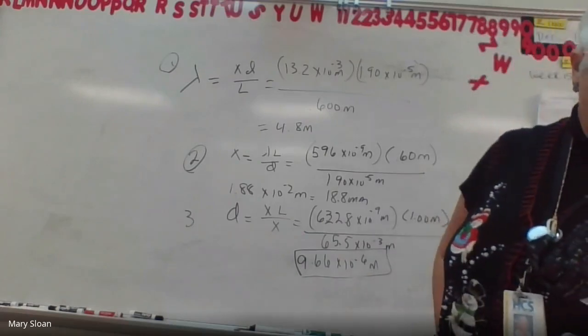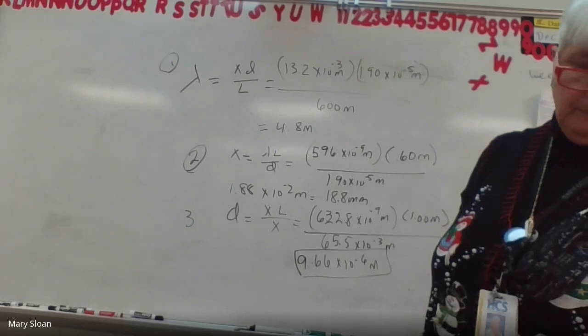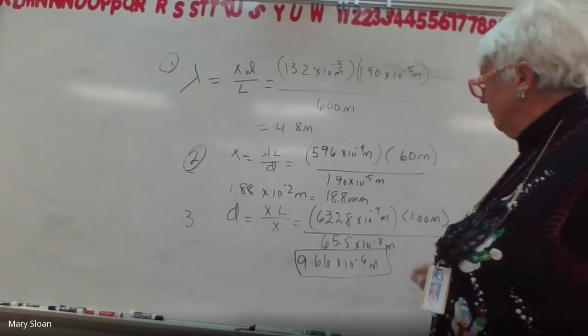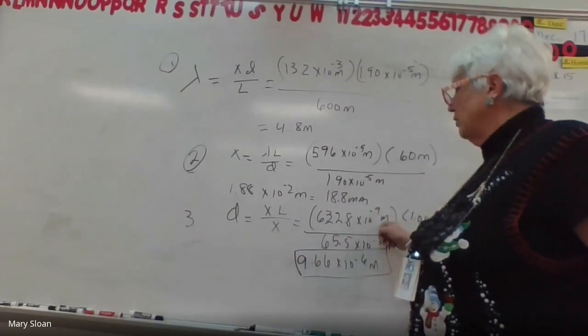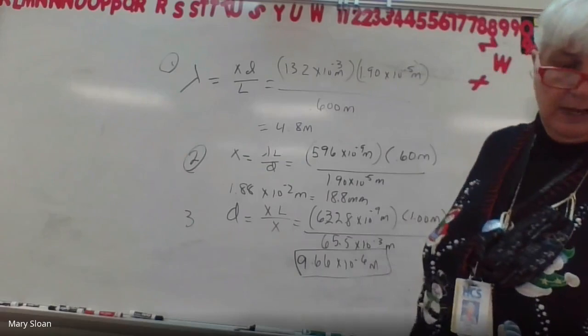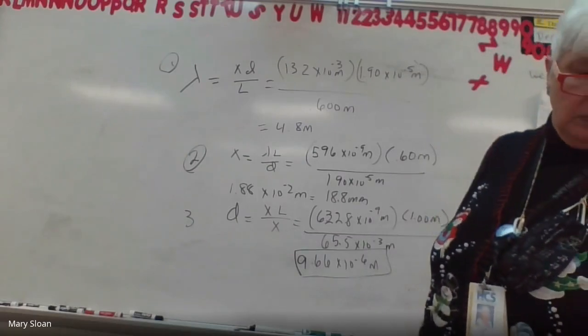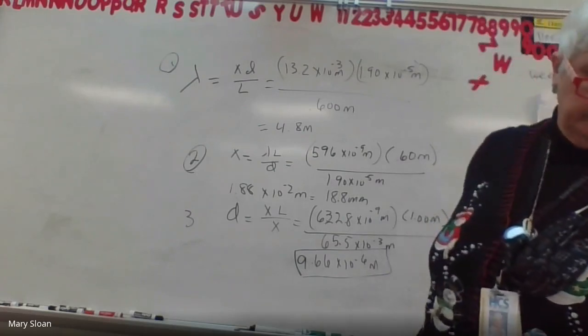Number 3: in a double slit investigation, physics students use a laser with a lambda of 632.8. I changed that to 10 to the negative 9 meters because I needed to have it in meters instead of nanometers. A student places a screen at 1.000 meters from the slit. There's my length.